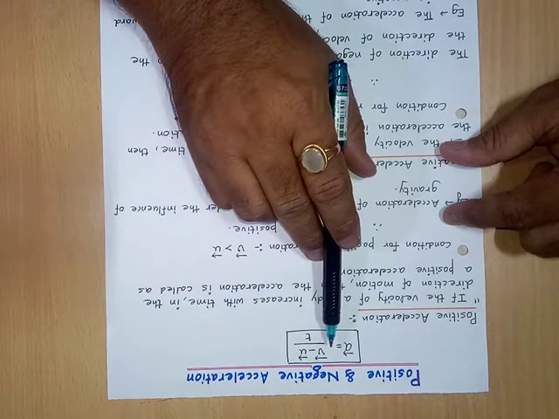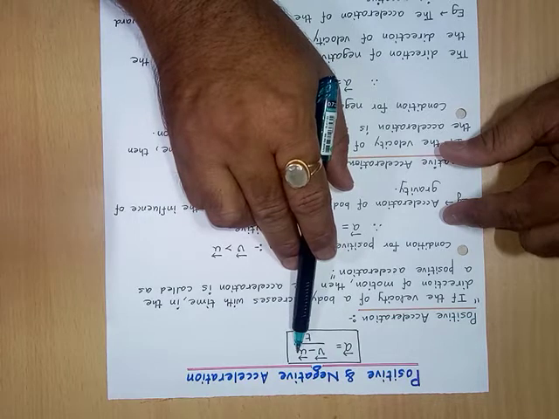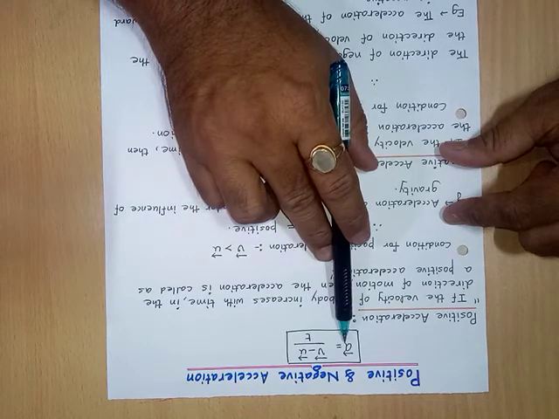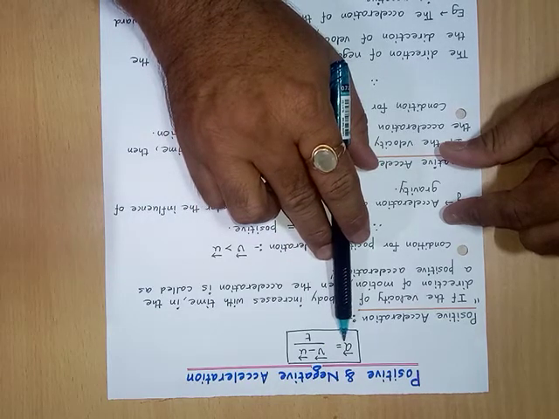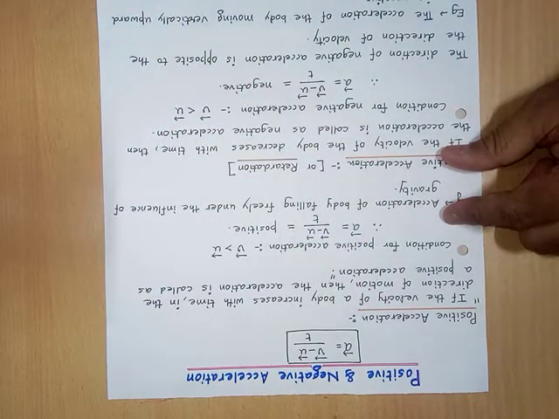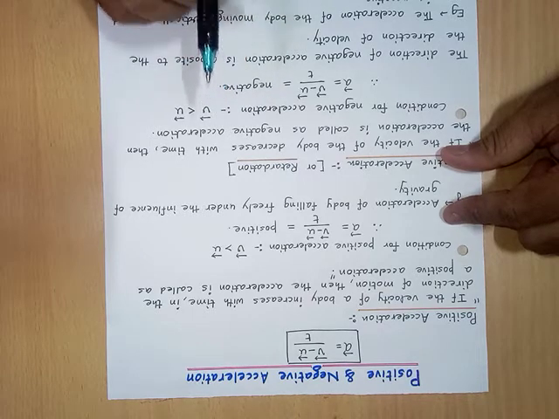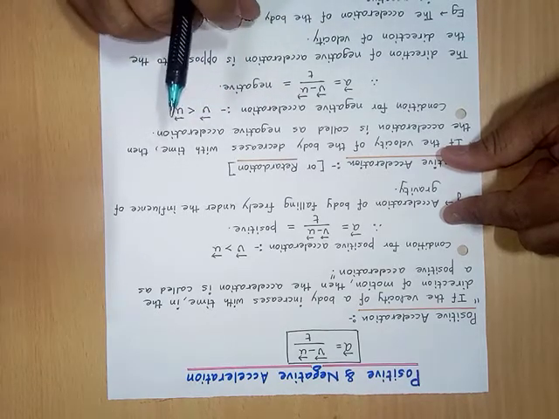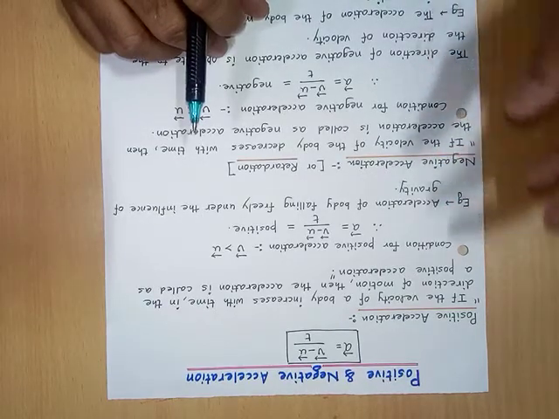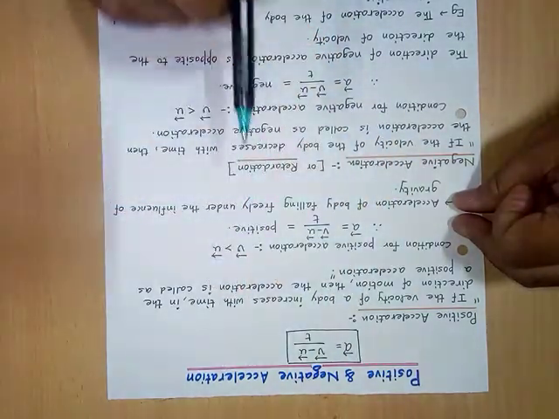When we take the rate of change of this velocity with respect to time, this quantity is called acceleration. Sometimes the velocity of the object increases, sometimes it decreases. Depending upon this initial and final velocity, the concept of positive and negative acceleration arises.